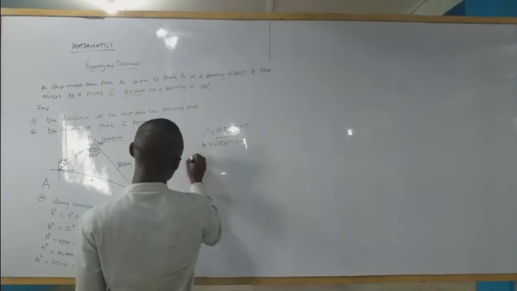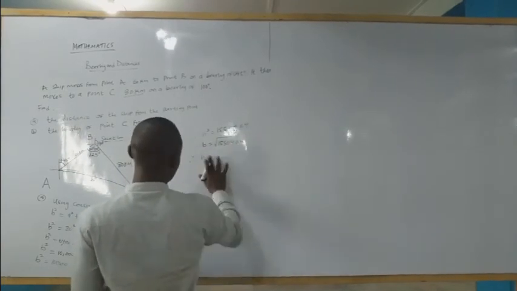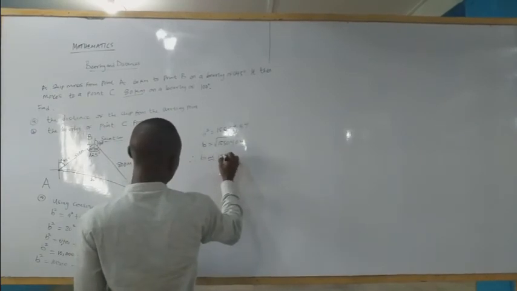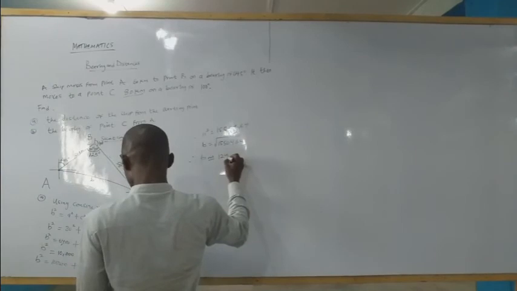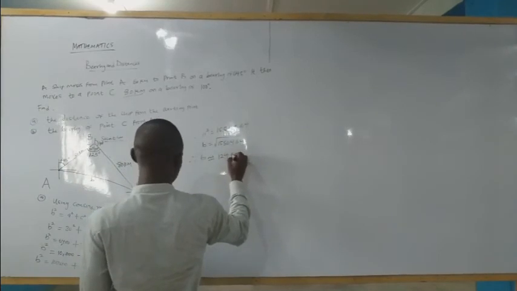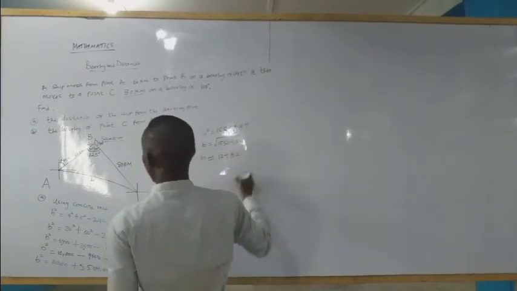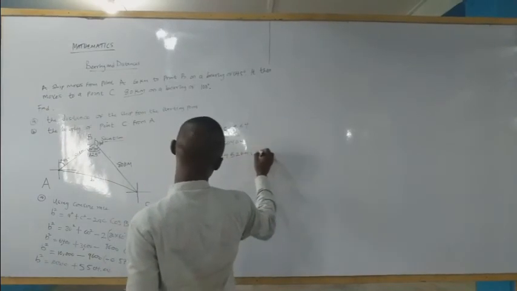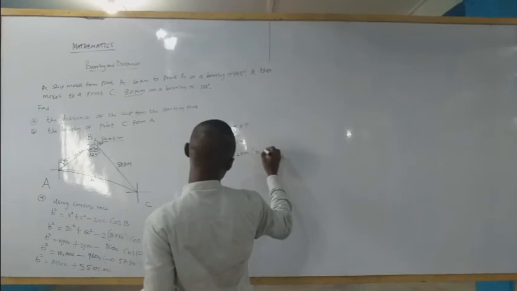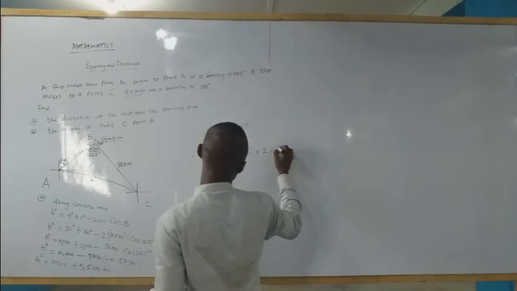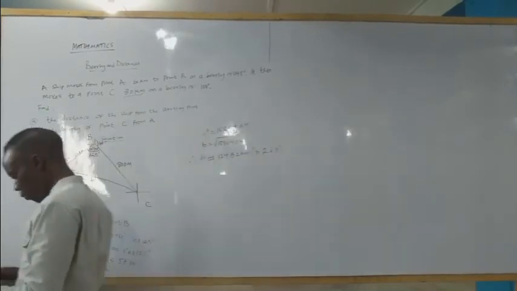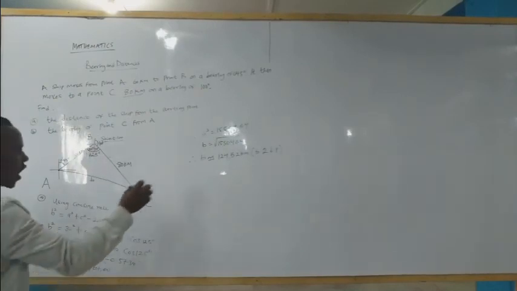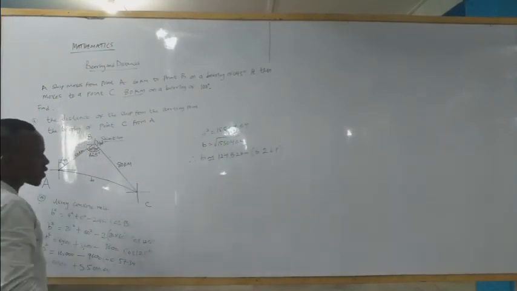Then B is approximately equals to 124.52. 0.52 what? Kilometer to the nearest 2 decimal places. So that is what our distance from the starting point.